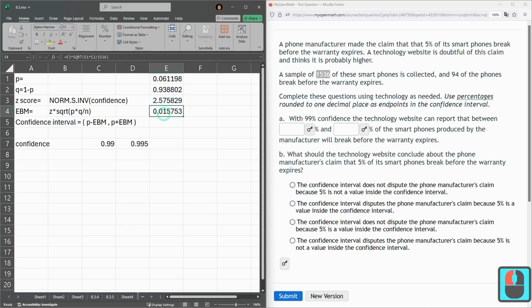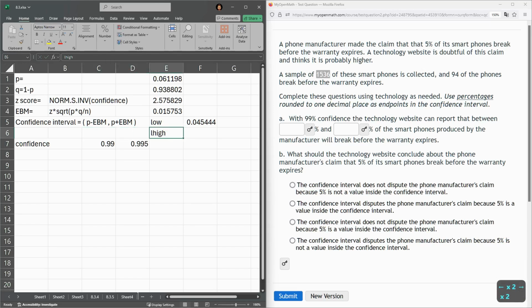Here is what we add to the experimental proportion P. So we have a low, which is our P value minus the error bound. And our high is going to be the same thing except plus.